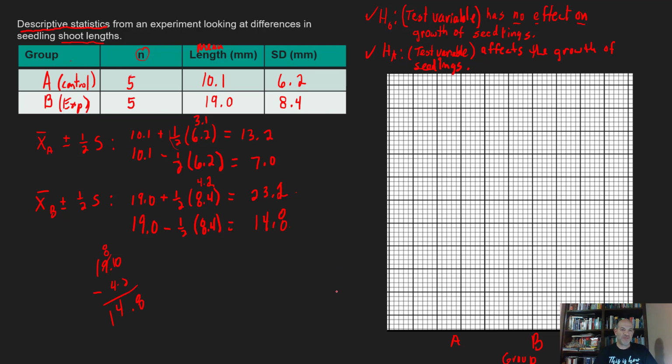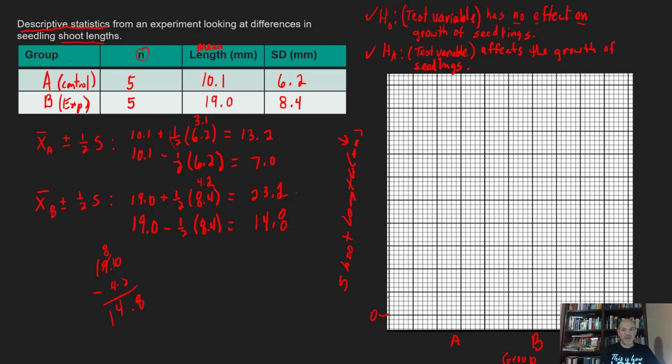And here your variable is the length of the shoots, so the seedling shoot length. So here is shoot length, and always put the units. Okay. Now I'm going to go ahead and label this 0, so that would be 0 millimeters. The units are millimeters.